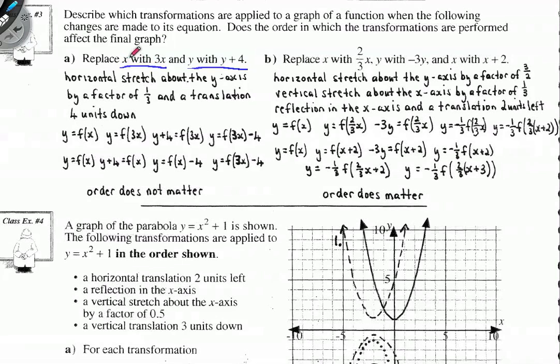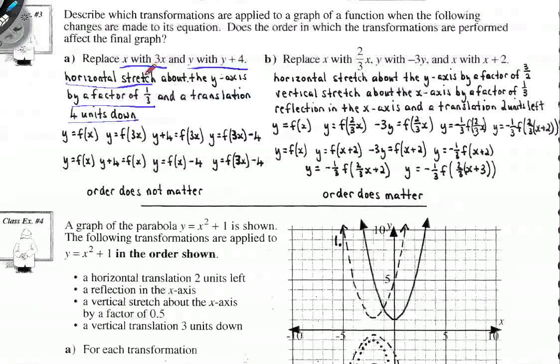Now, if you change the multiplier from 1 to 3, that is going to be a horizontal stretch factor of a third. If you change y to y plus 4, this is moving right or left, up or down. Well, y is the up and down. So if it's y plus 4, if you were to move that to the other side of the equation, it becomes negative 4. So I always like to think of it like that. So this really means 4 units down.